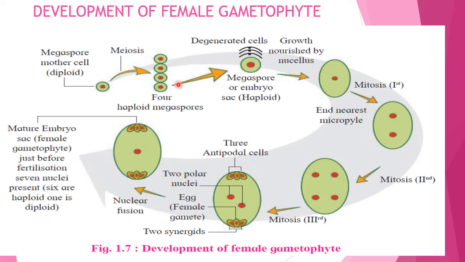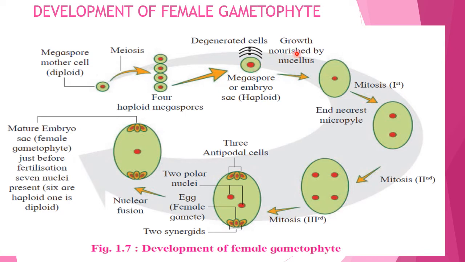So out of these 4 cells, only a single megaspore is further developing into the female gametophyte. This is an important point which you have to keep in your mind. From a single megaspore, the female gametophyte is developing. So this megaspore we can call the first cell of the female gametophyte.